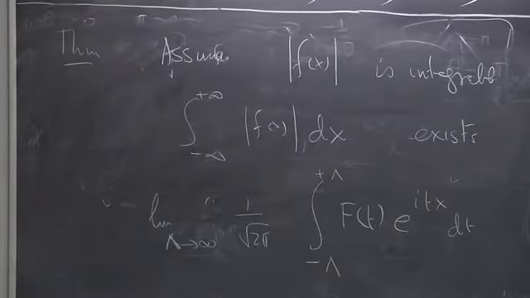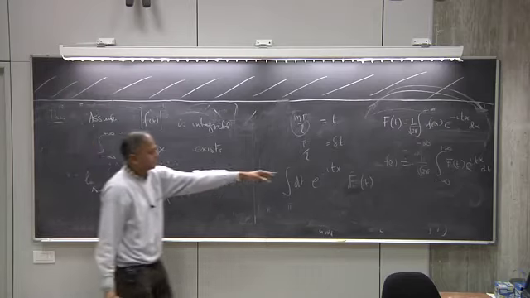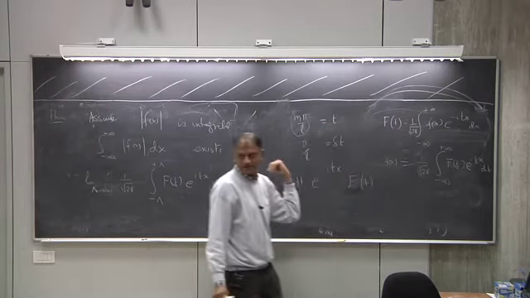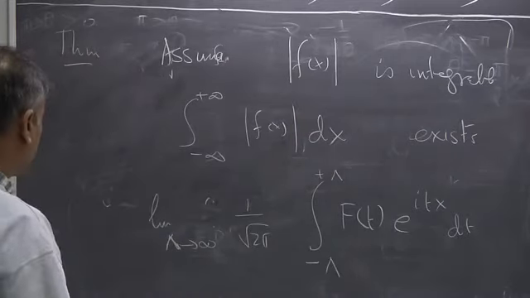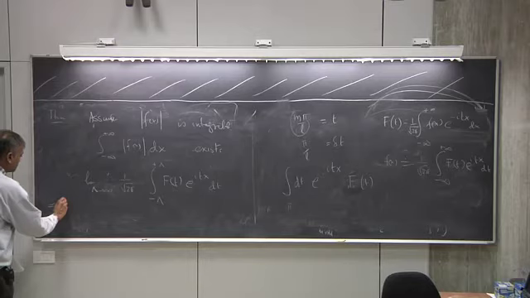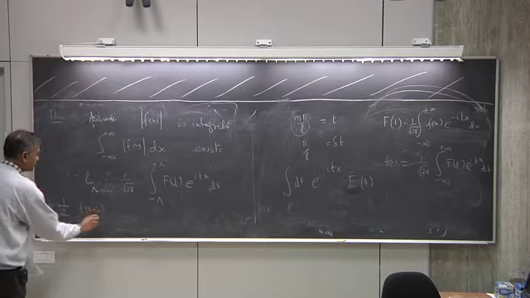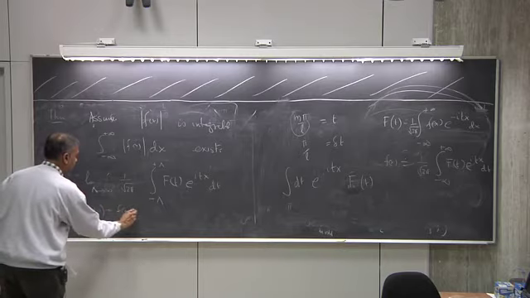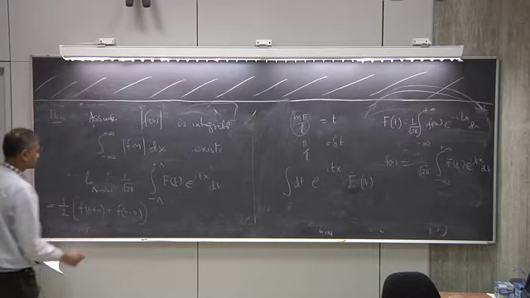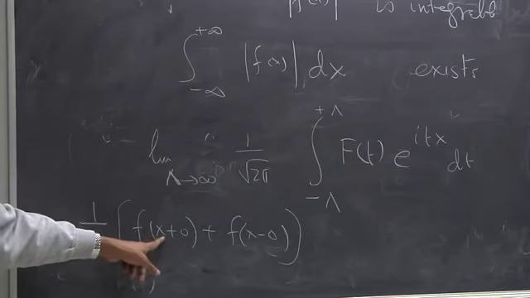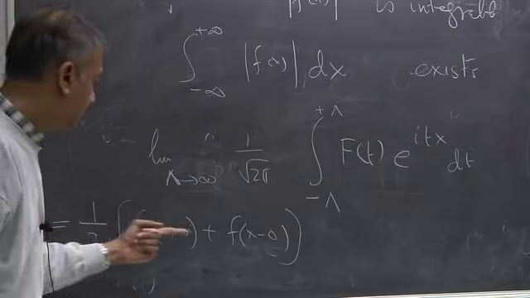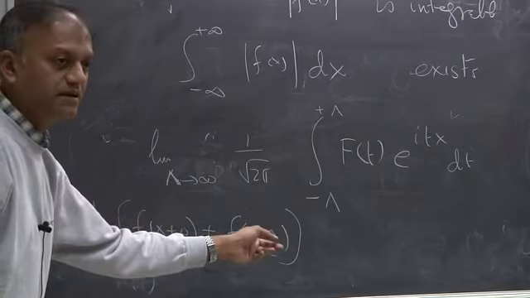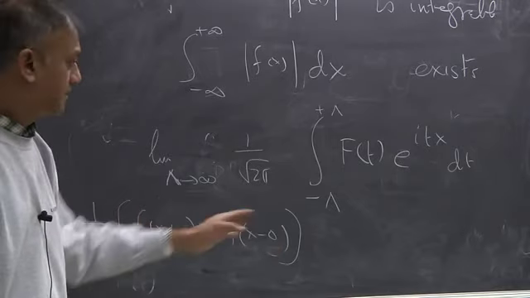That is the same as from minus infinity to plus infinity. So first you do a finite integral and then you take the limit. Then that's equal to the average, half of f of x plus 0 plus f of x minus 0. So even if f has some discontinuity, it gives the left limit plus right limit, averaged. That's what this reproduces.